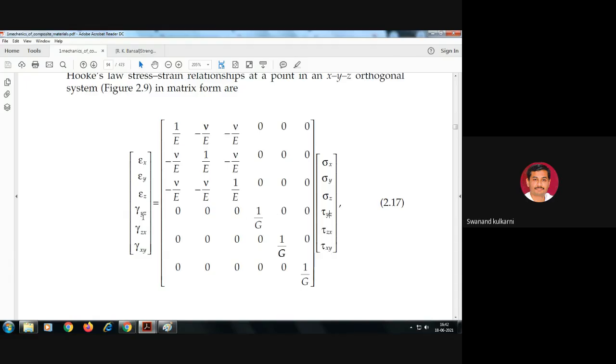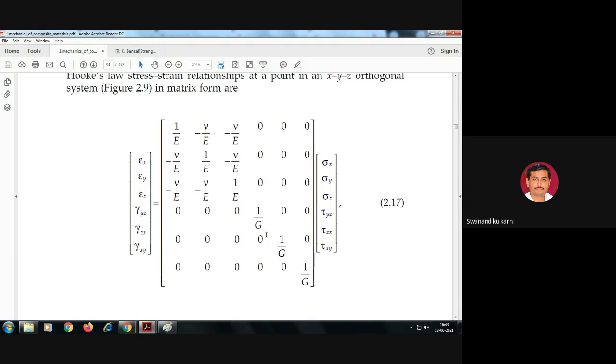Gamma yz is equal to tau yz upon G. This is a simple relation, because we all know what shear modulus is: shear stress upon shear strain. If we validate with this particular matrix, we will come to know that the shear stress tau yz upon shear strain gamma yz, multiplying with this fourth row, gives gamma yz upon G is equal to tau yz.